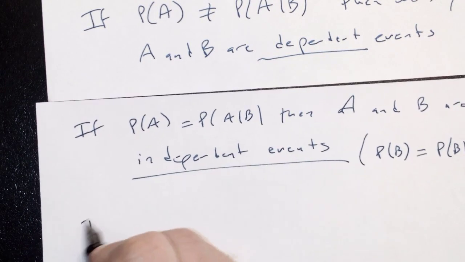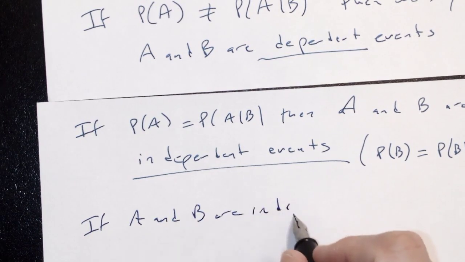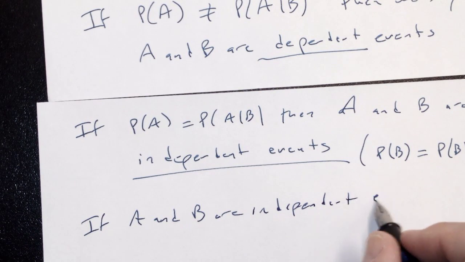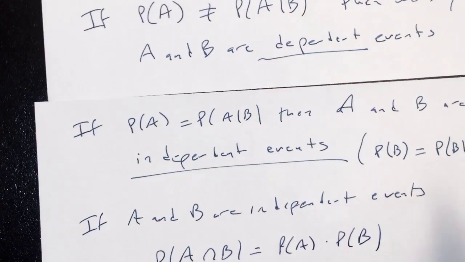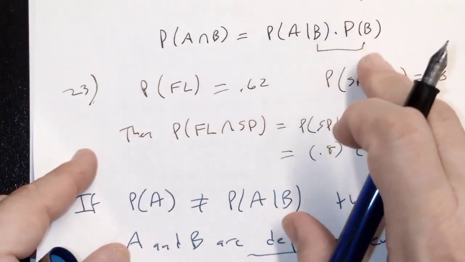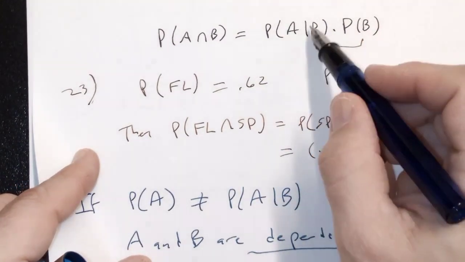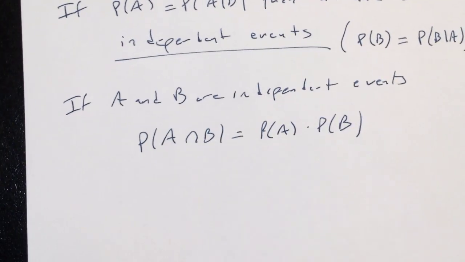So the chance of A is the same as the chance of A given B, which means instead of using this version of the rule, I can replace this with just the probability of A. So I rolled a 3 first time, and the second time, the die has no memory.